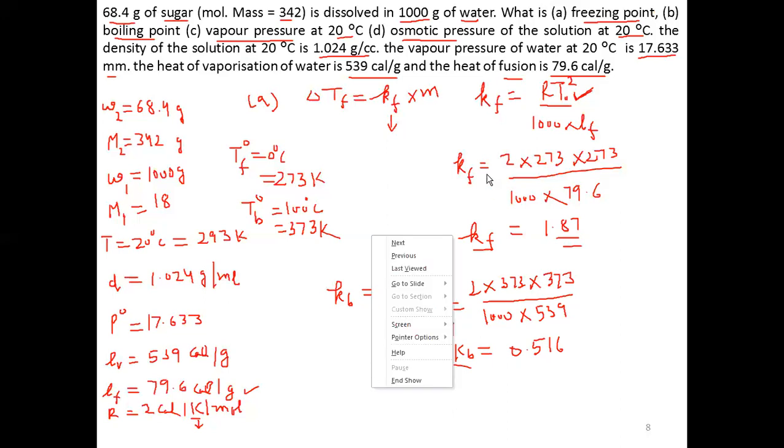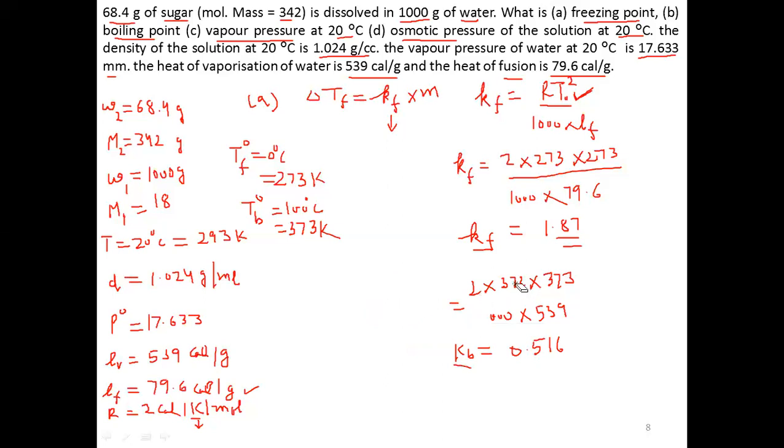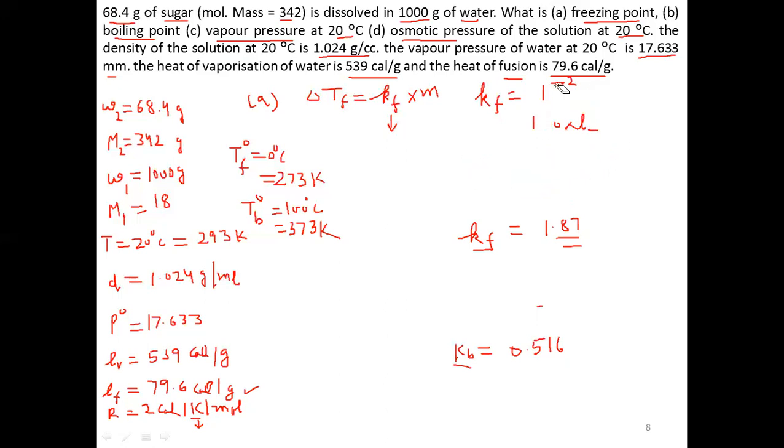As I have calculated the value of KF and KB, we will erase how we have calculated these values. I will erase this because now you know how I have calculated the value of KB. Similarly, we will erase this. So now we have some space, so we can calculate our numerical.